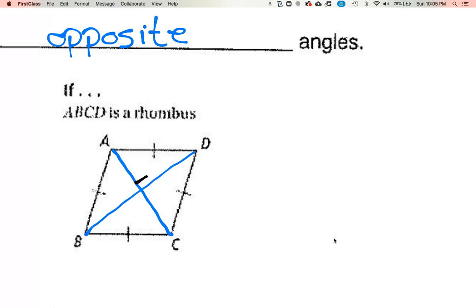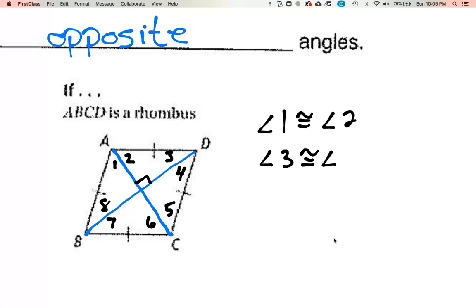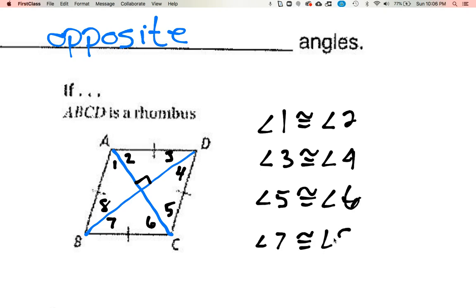So not only is that perpendicular, we have angles 1, 2, 3, 4, 5, 6, 7, 8. That means angle 1 is congruent to angle 2, angle 3 is congruent to angle 4, angle 5 is congruent to angle 6, and angle 7 is congruent to angle 8.